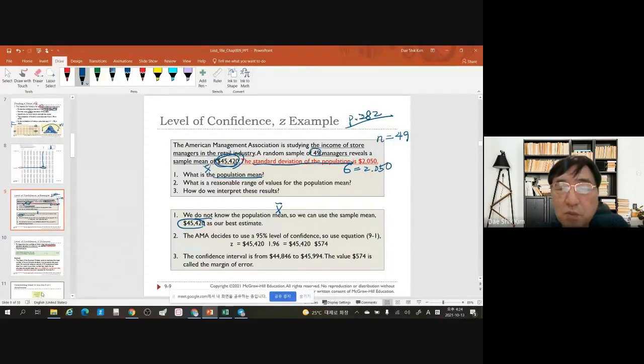But this is only possible when n is large enough, and in this specific case, n is 49, which is not big enough. It means the actual population mean mu could be different, maybe bigger.